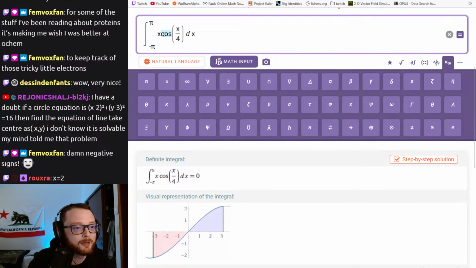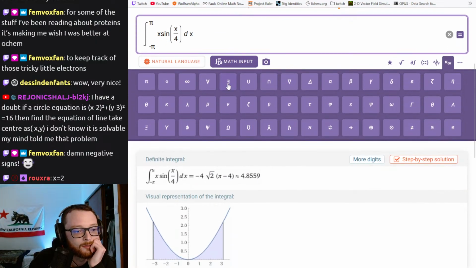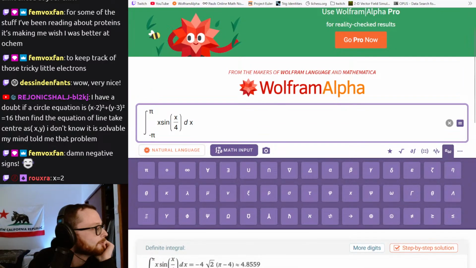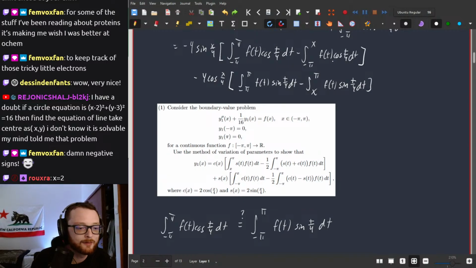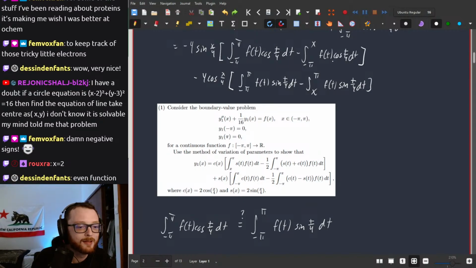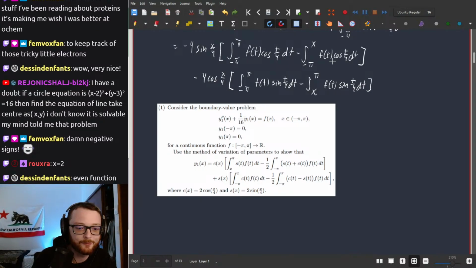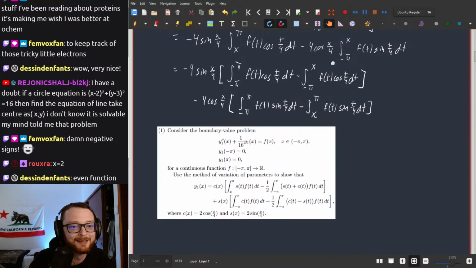Now if we do it with sine, what happens? This should be... Okay, so I'm trying to prove something that's false. Good to know. Yeah, I should have been able to figure that out by the symmetry of the functions.